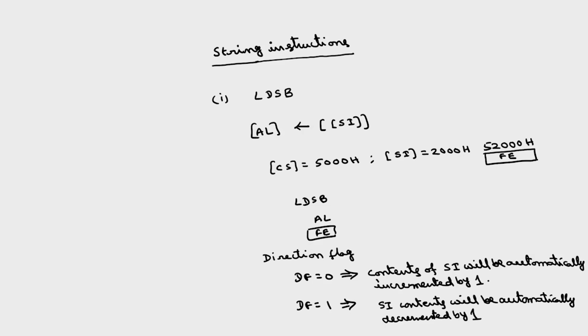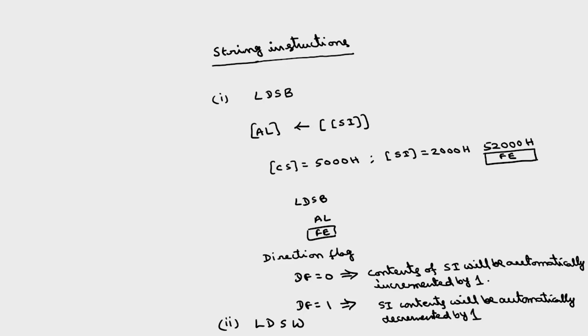Here we can have load string word also. The second instruction is load string word. Here, instead of AL, this will be AX. A word will be taken from 2 consecutive locations, from SI and SI plus 1, and that will be stored into AX. If the direction flag is 0, the contents of SI will be automatically incremented by 2.